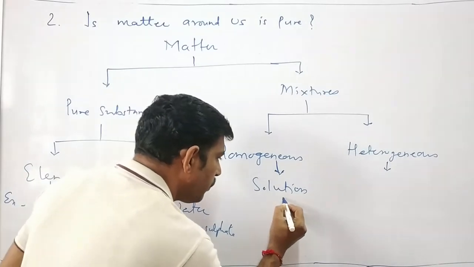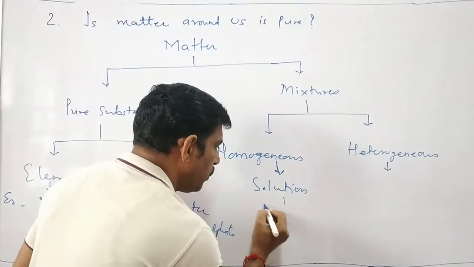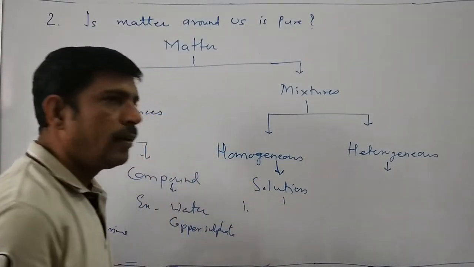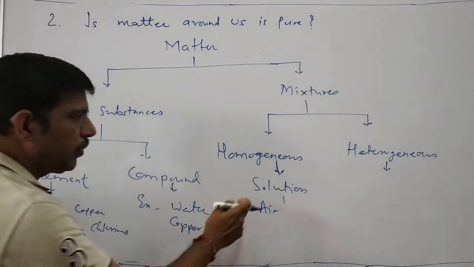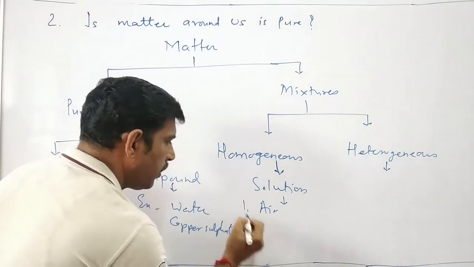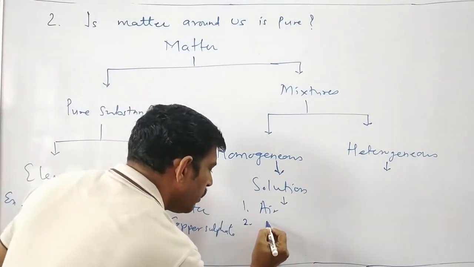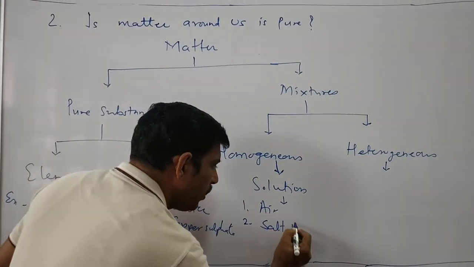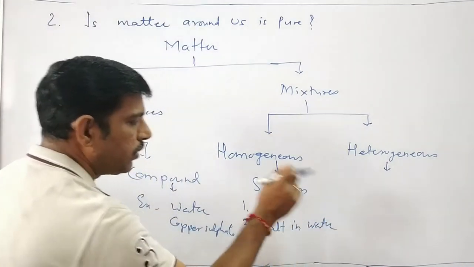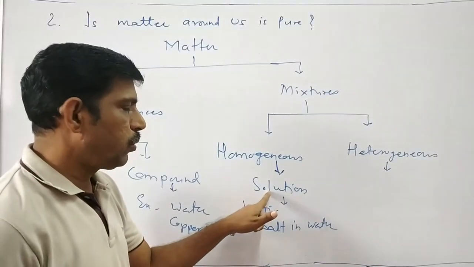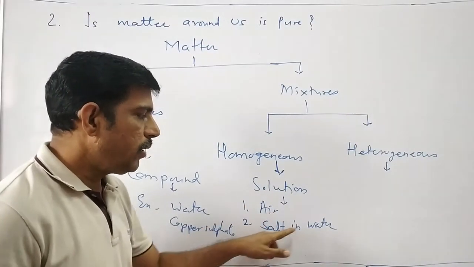For example, air is a mixture of different gases, so it's one of the solutions. Then a solution of salt in water. It is a solid in water solution. Salt is a solid and water is a liquid.